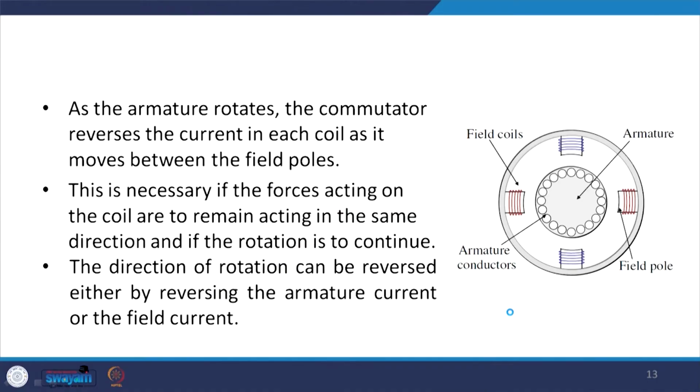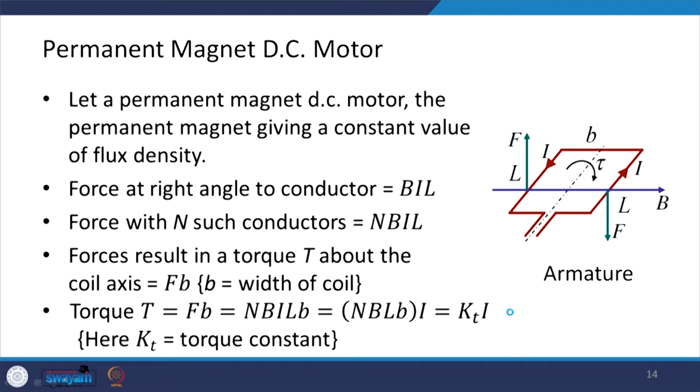And the direction of rotation can be reversed either by reversing the armature current or the field current. Now, let us look at the permanent magnet DC motor.